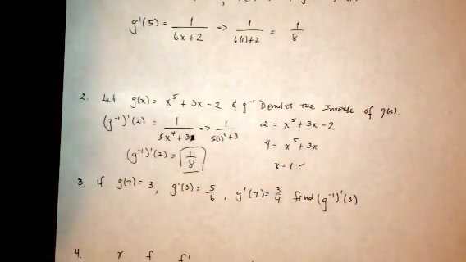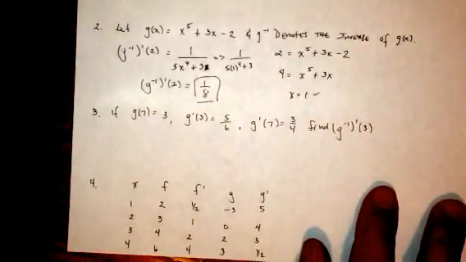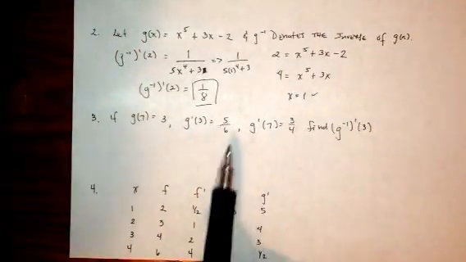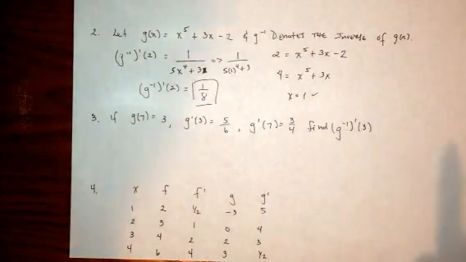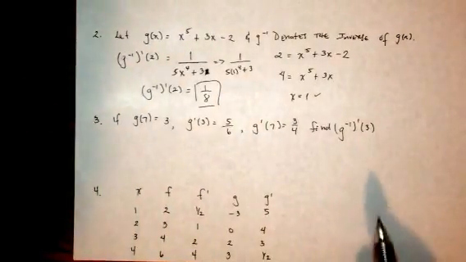All right. Let's go ahead and do the next one. Now this is more familiar, something you will probably see on the AP exam. We have to find g prime, the derivative of the inverse, at 3.